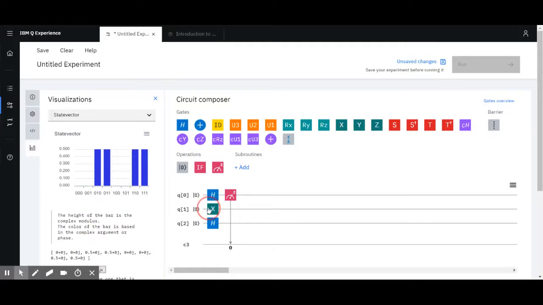Now, if you measure a 1 here, you know that the rest of your state is going to be in a 0 1 1 1 type of superposition, right? So you know what I mean. When you measure part of your system, you're literally affecting the probabilities of the rest of your system.